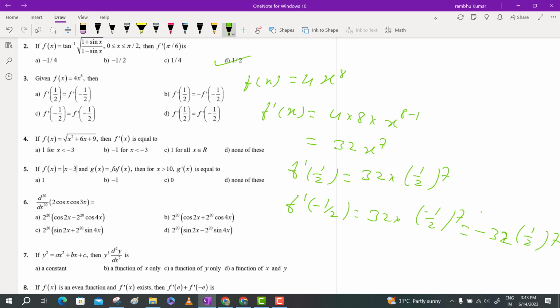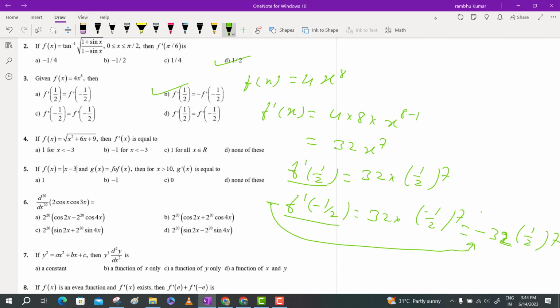Now you can see this whole thing is equal to this one if there is a minus here, because this minus and this minus will become plus, correct? So option D is correct. Got it?